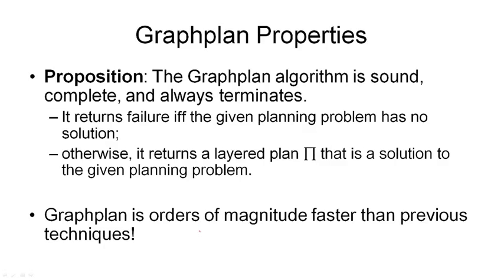So it was really a step forward in performance. And a lot of that has to do with the basic data structure it maintains, the planning graph. The backward search itself is, of course, rather inefficient and still requires exponential time. But it is the reachability analysis that is performed by the planning graph that gives the algorithm a lot of power.